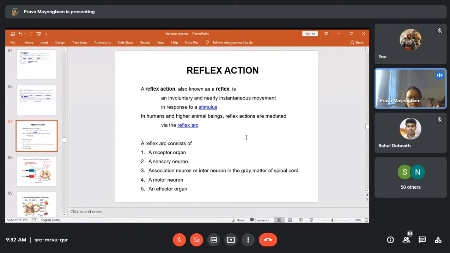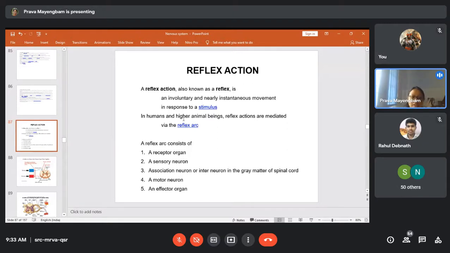You got the point? It has to be involuntary, nearly instantaneous, and in the form of movement. You cannot miss these words when you define reflex.